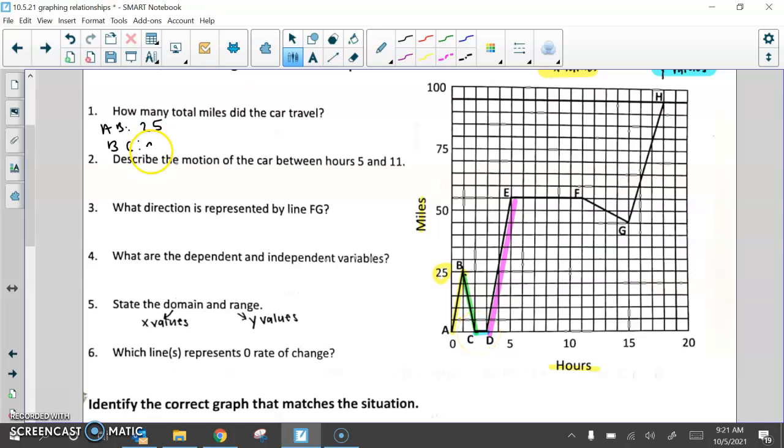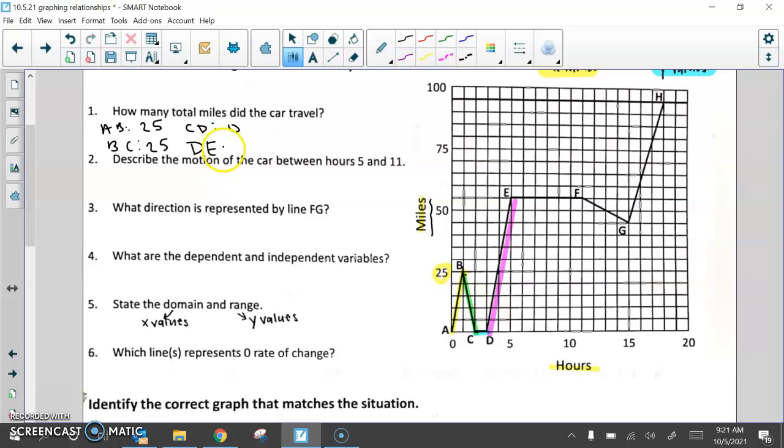So again, it went 25. Then we go CD. CD didn't travel any miles because remember the miles are over here on the y-axis. So I have to be going up or down to be traveling miles. So for CD, it's 0.